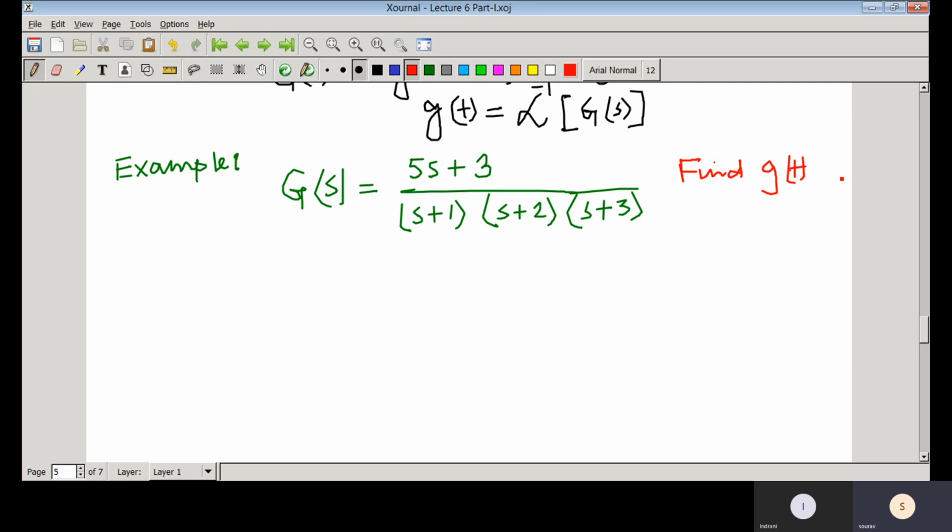We will first find the partial fractions of this function, and I hope you have all heard of the name Oliver Heaviside.